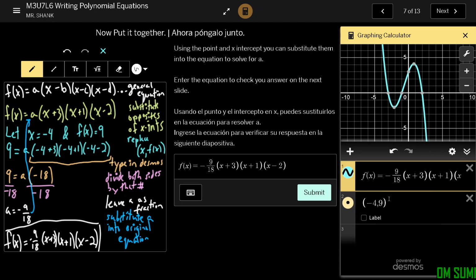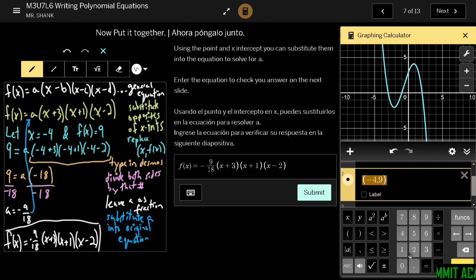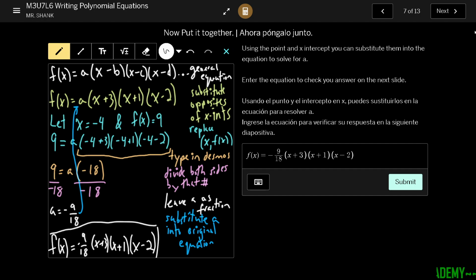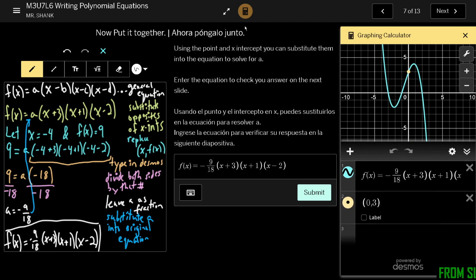Same thing with my additional point that I can check, 0, 3. Notice how it still goes through that point as well. So let me write this too. If you're able to fit space in here, awesome. If not, that's okay too.